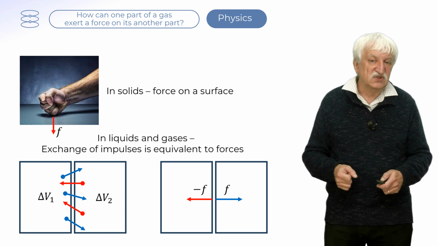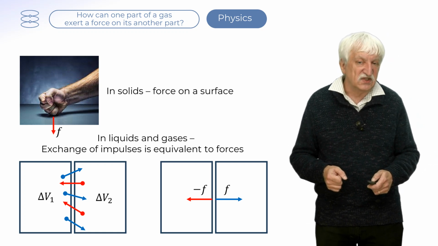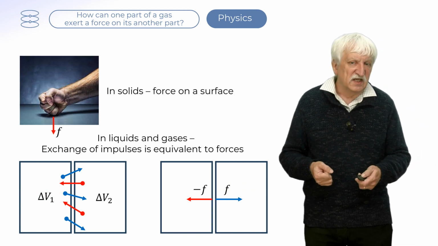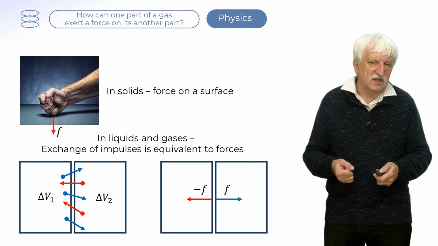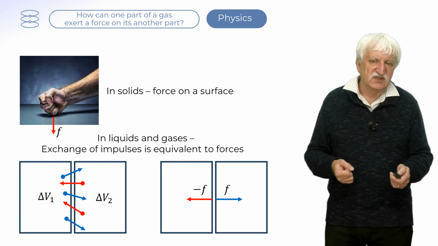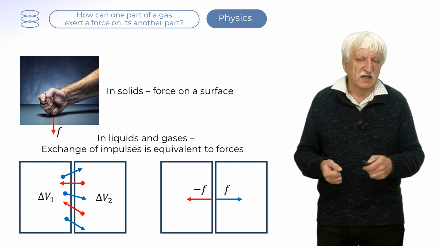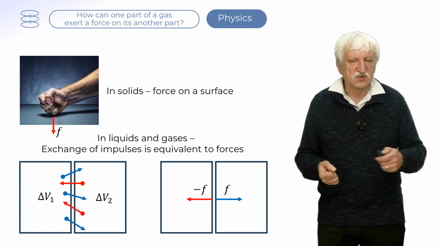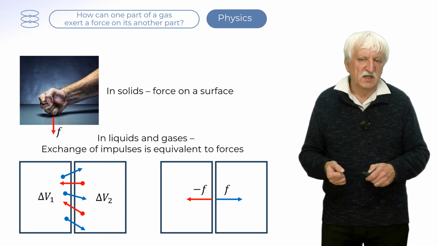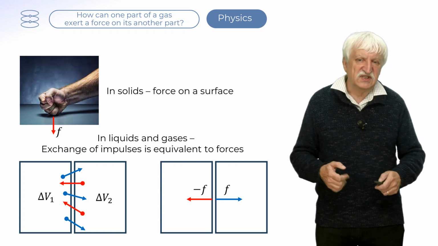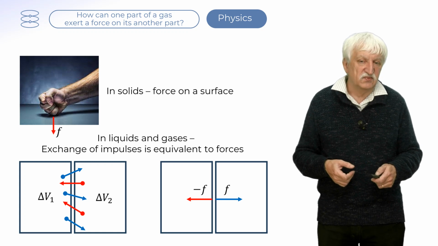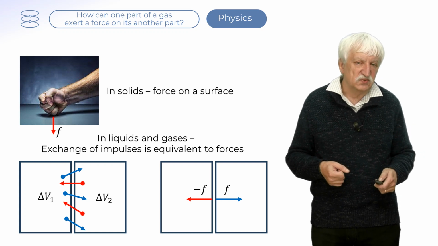But in the case of liquids and gases, there is a problem of understanding, just because all the particles move freely from one volume to another. To understand the reason for this force, consider two volumes, delta V1 and delta V2.